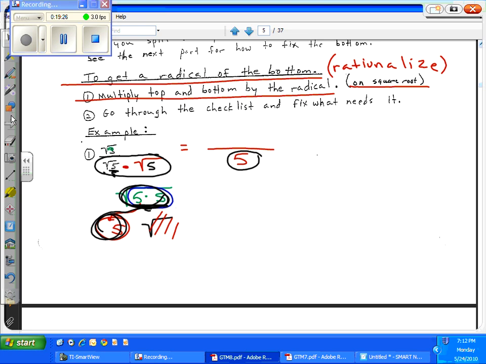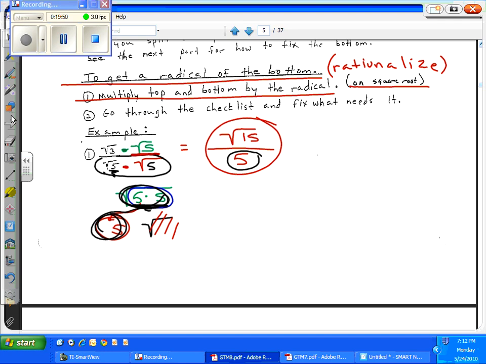But what you do to the denominator of a fraction to manipulate it, you must also do to the numerator. Make equivalent fractions. It's like multiplying by 1, that over itself. So on the top we get square root 15, and so we get square root 15 over 5.